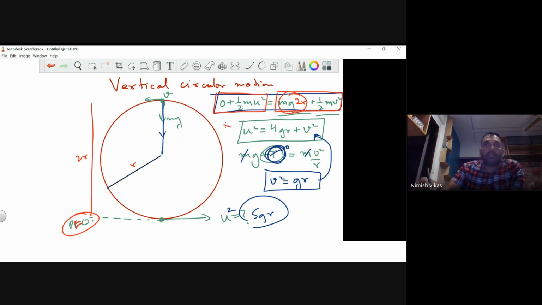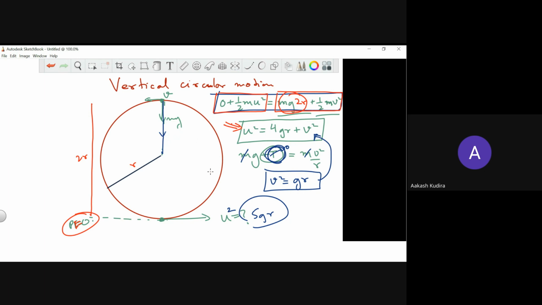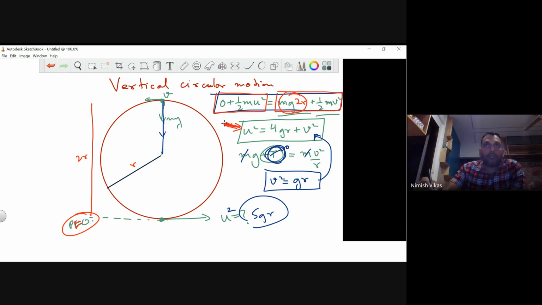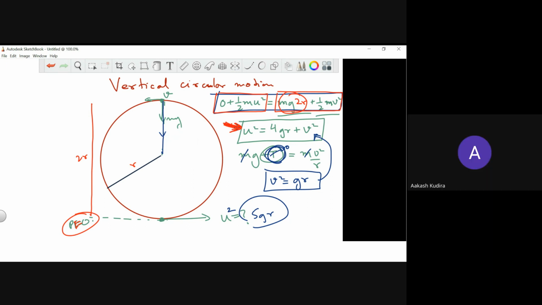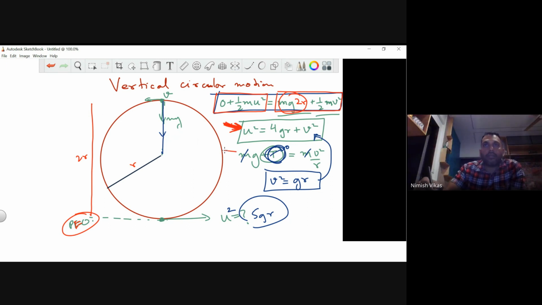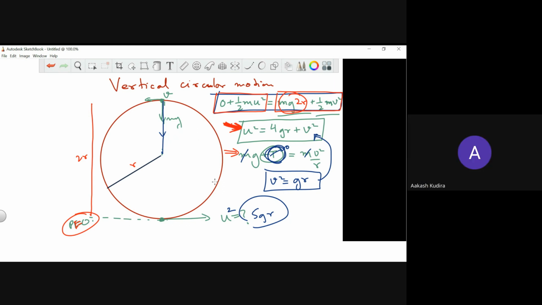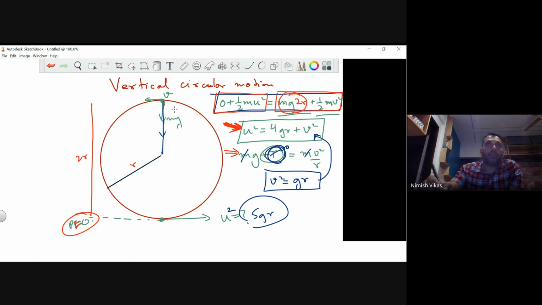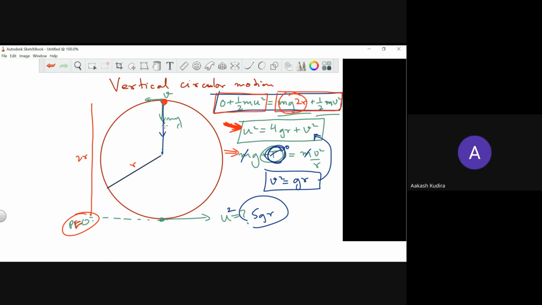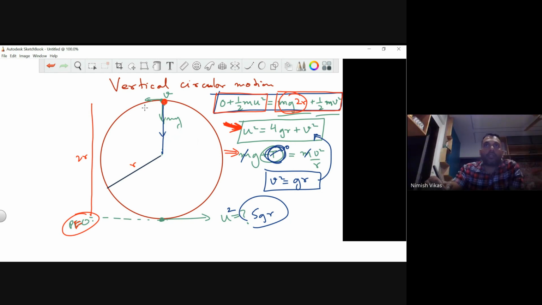Okay, do you understand this line? u square equals this line? Yes, sir. Okay, you understand this line? mg... Not really, sir. So what are we writing at the topmost point? mg plus T. If it is just crossing, then T is 0.